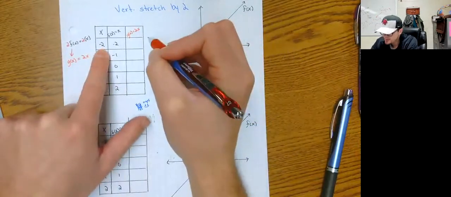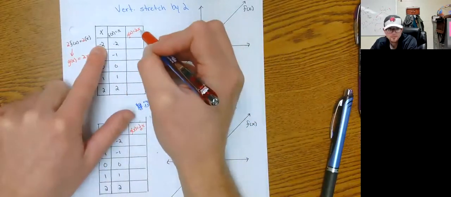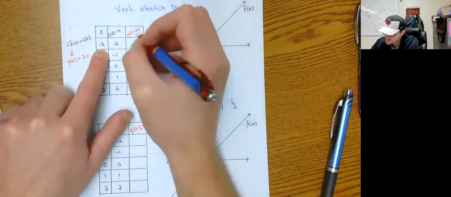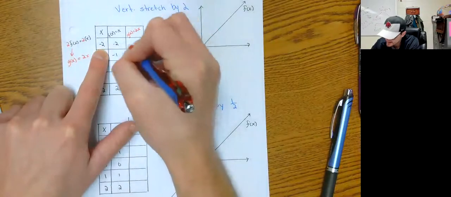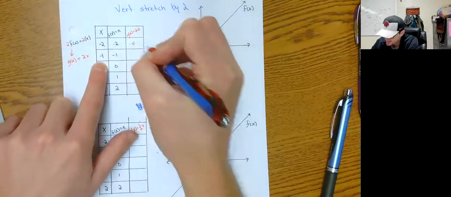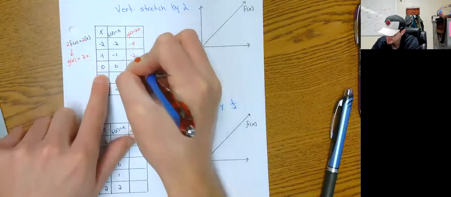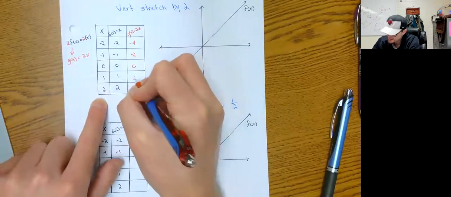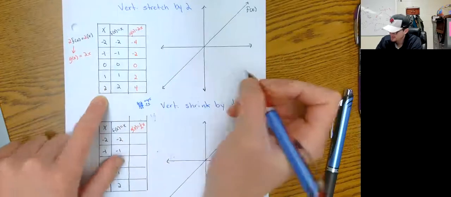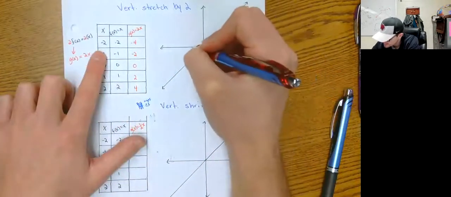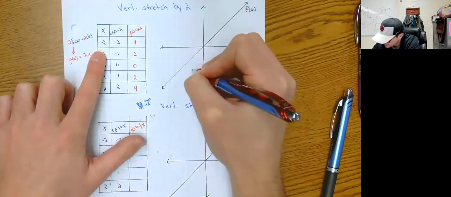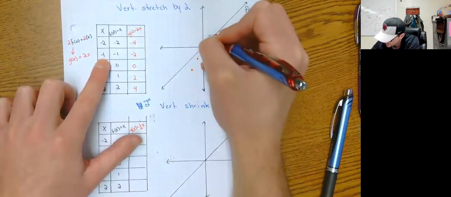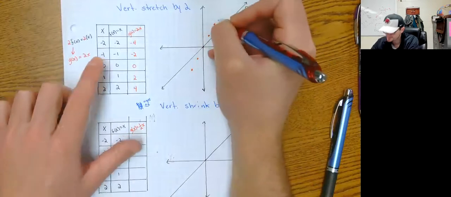So when I plug in -2, what's 2 times -2? It's -4. -1 times 2 is -2. 0 times 2 is 0. 1 times 2 is 2. 2 times 2 is 4. Okay, so we have -2, -4, -1, -2, 0, 0, 1, 2, and 2, 4.